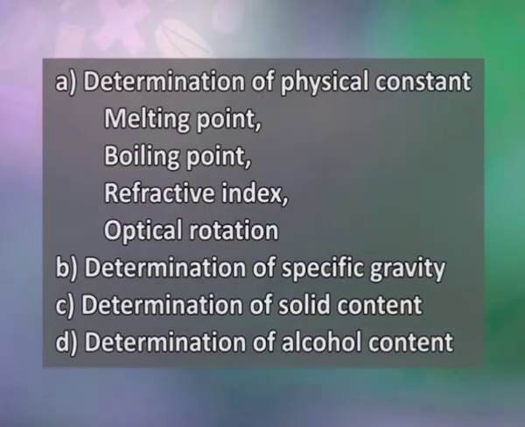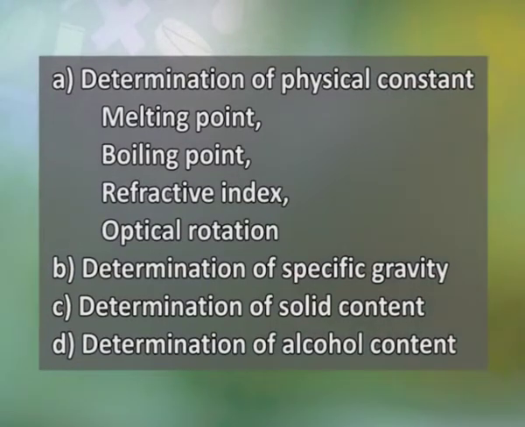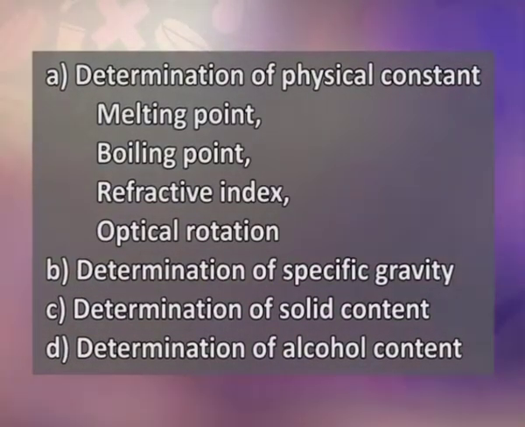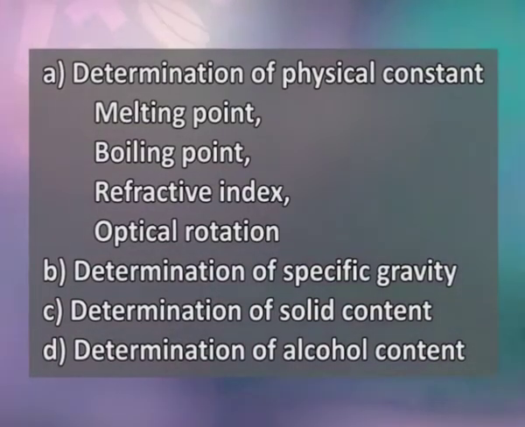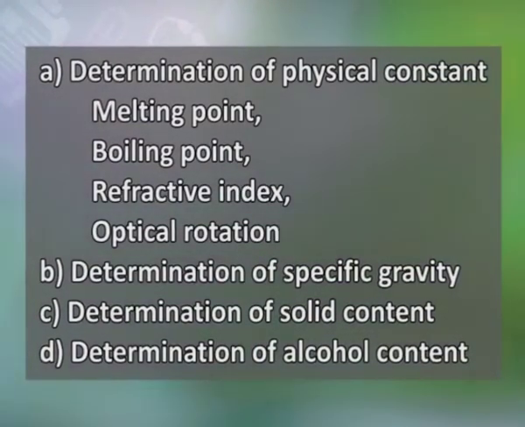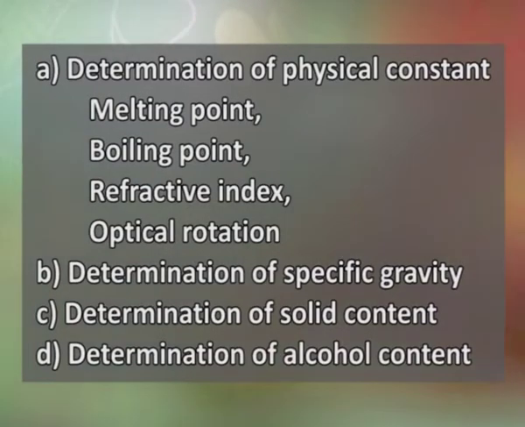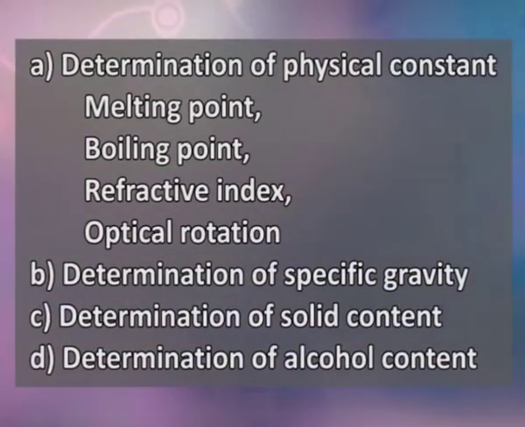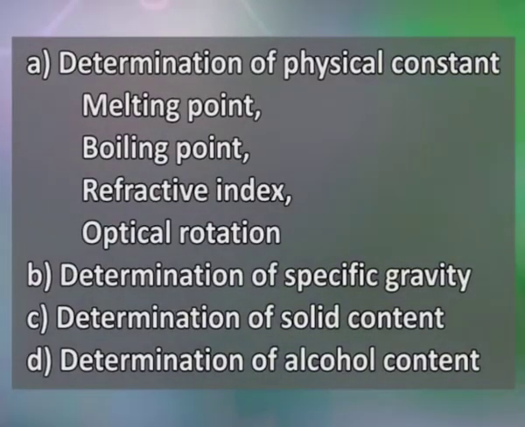Next to this comes determination of moisture content and then determination of physical constants. It includes melting point, boiling point, refractive index, optical rotation. Determination of specific gravity, determination of solid content and determination of alcohol content.